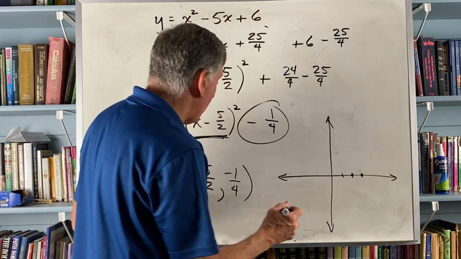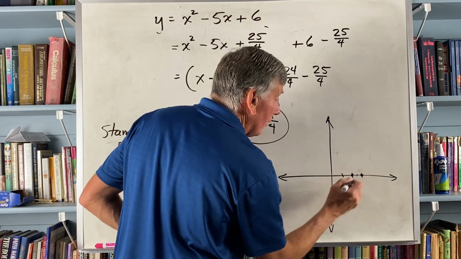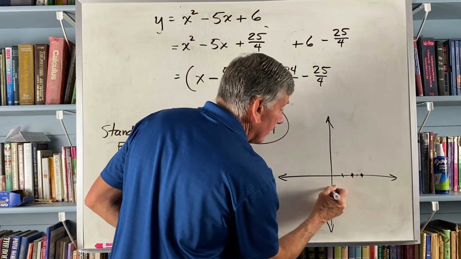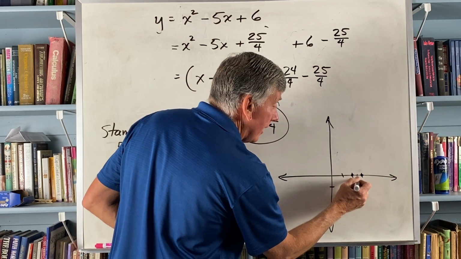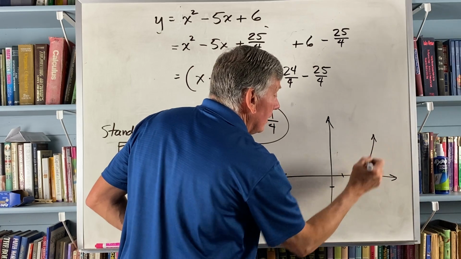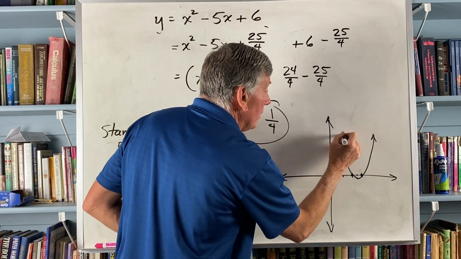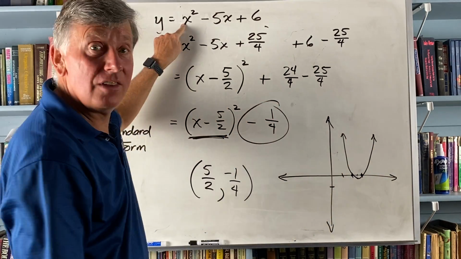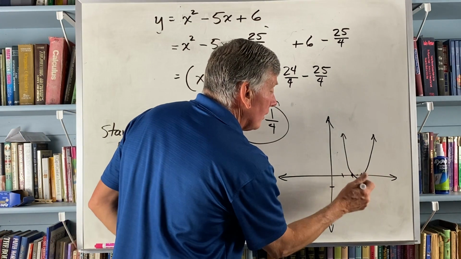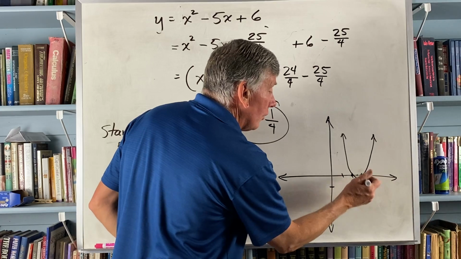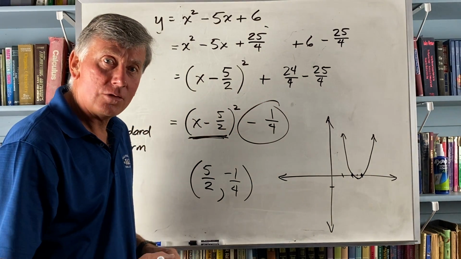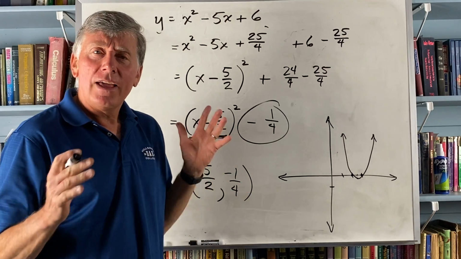And then at 5/2, which is in the middle of those two guys, and at -1/4, let's make that a 1 tag mark, so there, that is our parabola. It opens up because we know that the number in front of x squared is 1. It has these two zeros here at 2 and at 3. It has this vertex, which we found by completing the square, and we have done it.